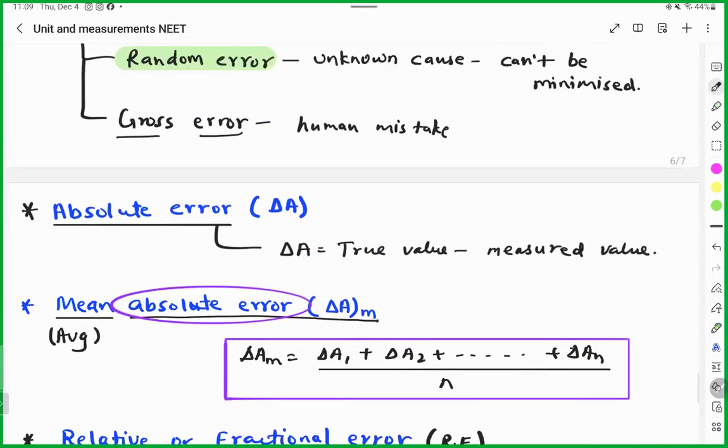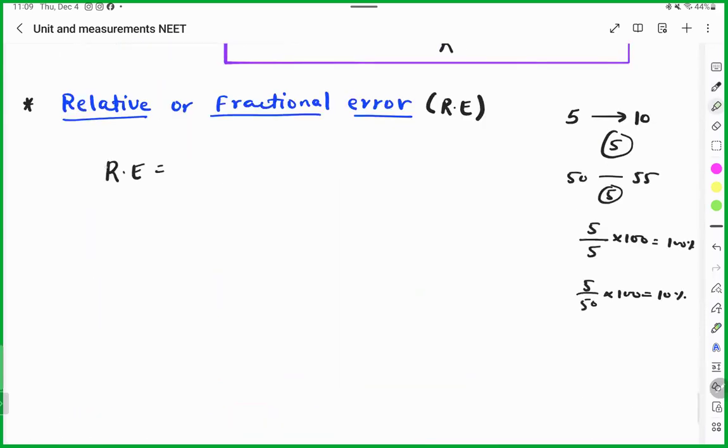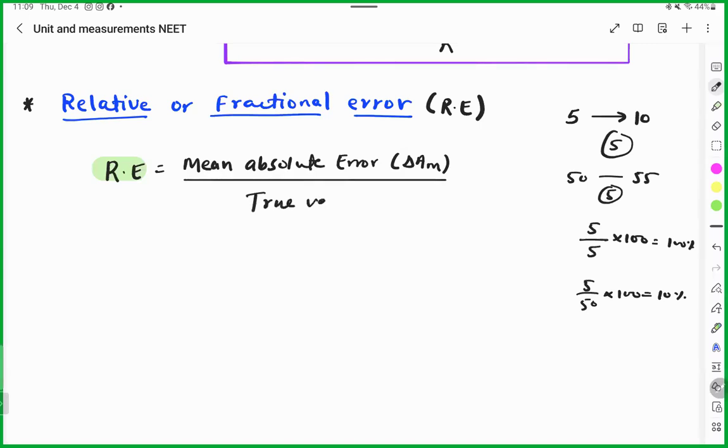Absolute means difference, and relative means difference between them divided by the initial value. So the mean absolute error is delta A mean divided by the true value. And if you calculate in percentage, then multiply by 100.